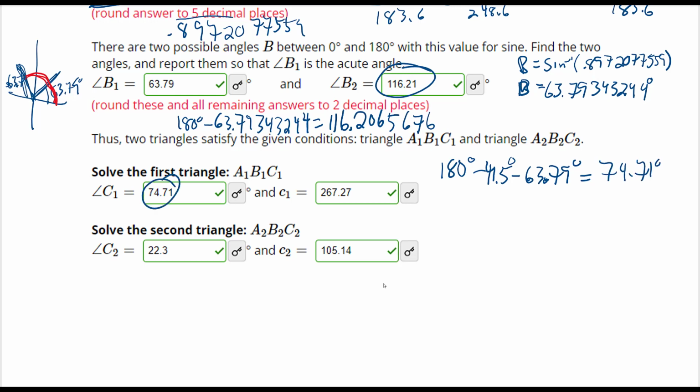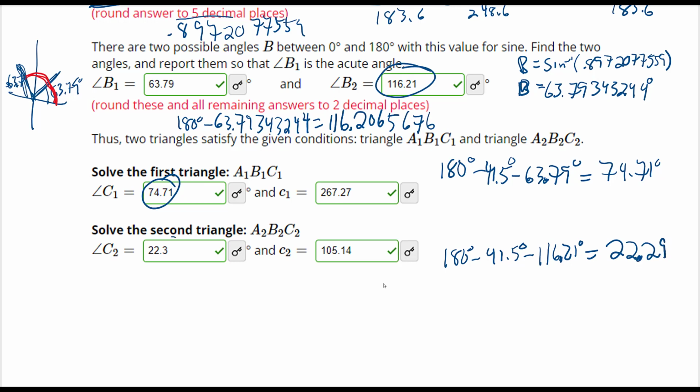That's what we have here. And I'll find the other one as well, and then we'll come back and find the missing side C. So the other case, 180 degrees minus 41.5 degrees minus 116.21 degrees. So what do we get there? I get 22.29.